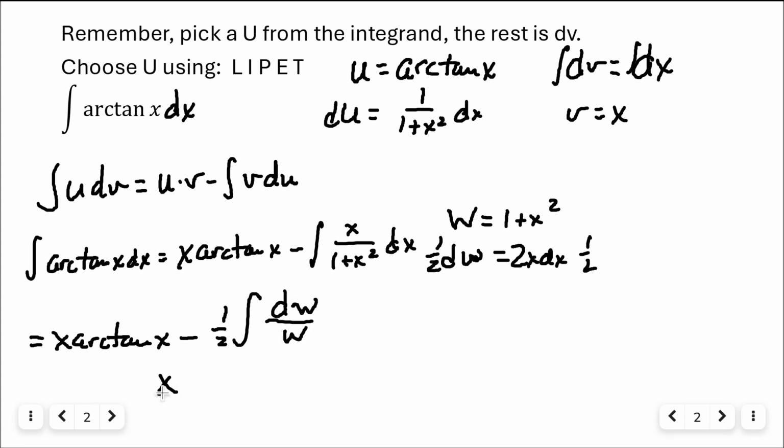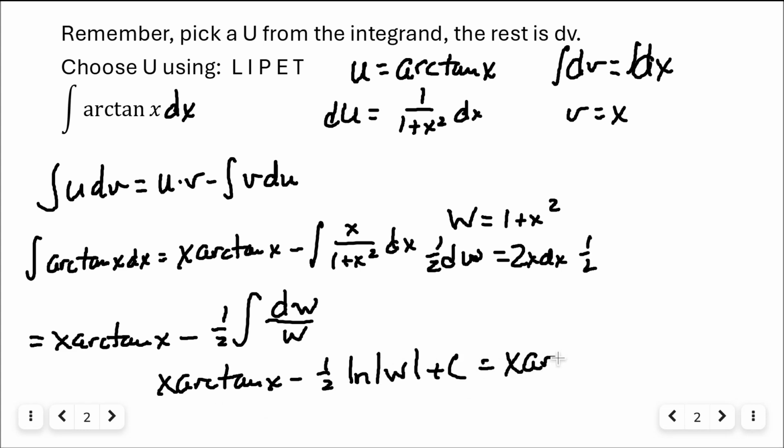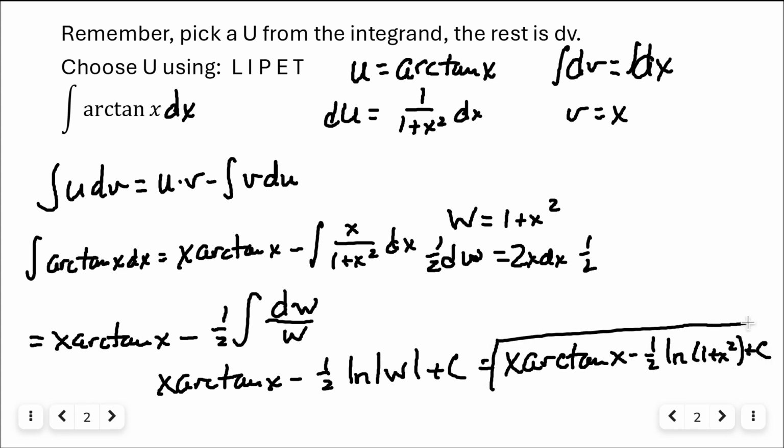But the integral of dw over w is natural log absolute value w plus c. But w is equal to 1 plus x squared. So I'm not even going to put the absolute value. I don't need it, right? 1 plus x squared is always going to be positive. And there's my answer. Okay, so you can use parts on integrals that aren't actually products.